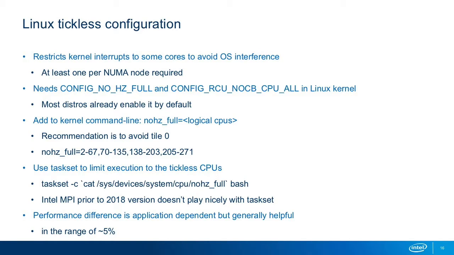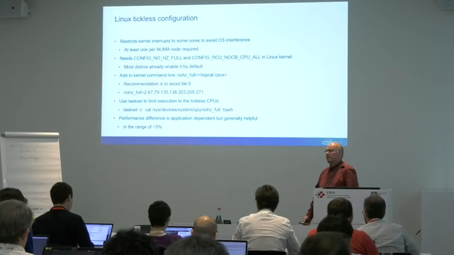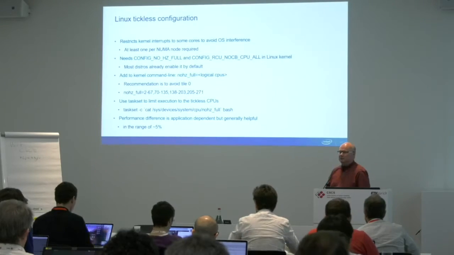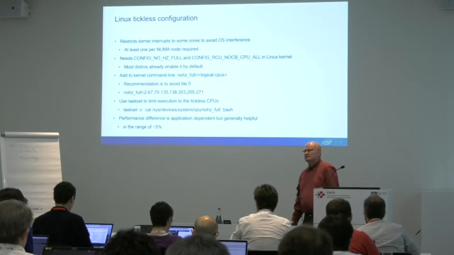So here it's written it's in the range of 5%, but I've seen a Cray presentation where they showed collective MPI operations with one rank per node, and this can be crucially influenced by this core spec or this tickless stuff by removing the fluctuations from the OS.